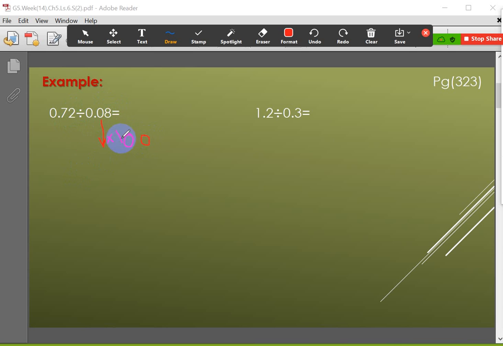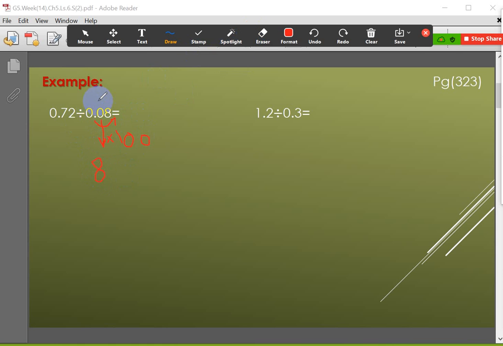When I multiply the decimal number by 100, I have to move the decimal point to the right side. Number of digits equals number of zeros. That means it will be 8, because if you move the decimal point, it will be here on the right side. So the number becomes 8.